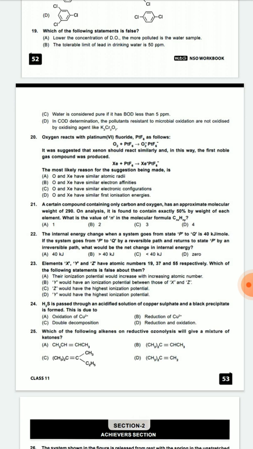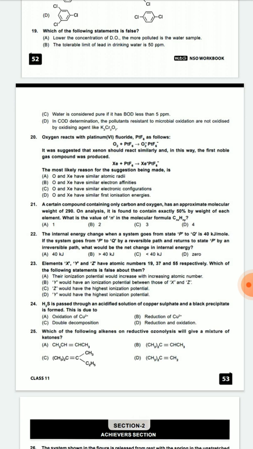Question number 21. A certain compound containing only carbon and oxygen has an approximate molecular weight of 290. On analyzing, it is found to contain exactly 50% by weight of each element. What is the value of n in the molecular formula CnOx?